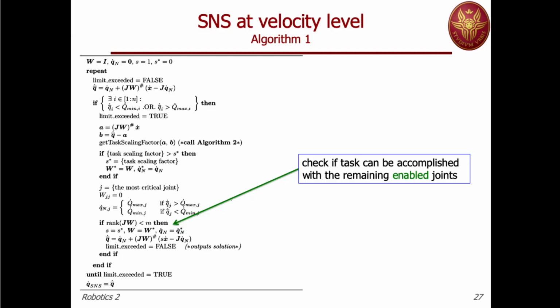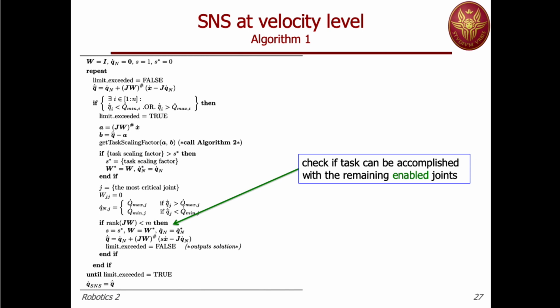So you look at the rank, not of the Jacobian, but of the Jacobian multiplied by the weighting matrix W. So you zero out the columns of the Jacobian which are associated to joints which are saturating. So with the remaining joints, you hope to have enough rank to execute the task. So this is a conservative way. You may look if, in fact, the residual task is in the range of this reduced matrix.